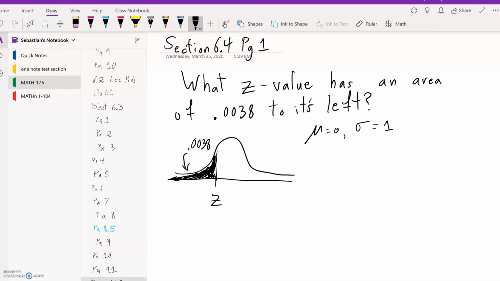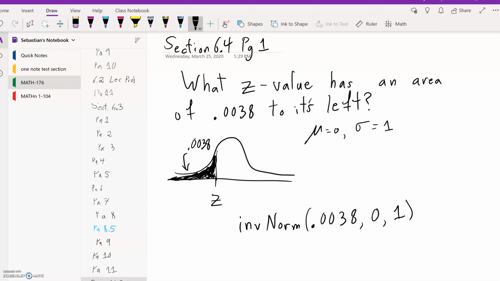So in order to find the z-value, I will do the following. I will use that invNorm command, and I will enter in the area to the left of that z-value, followed by the mean and the standard deviation.